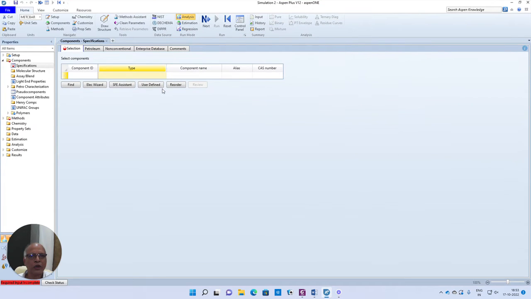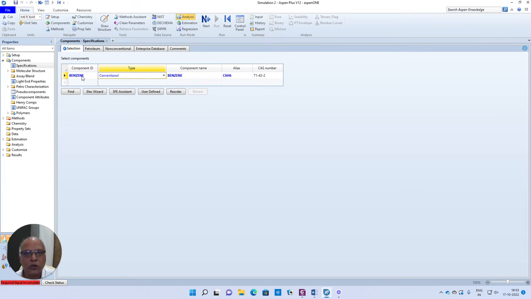Now let me first of all try to show you. Suppose I am interested in looking at benzene, because the molecular structure is automatically obtained, it is available in the database.